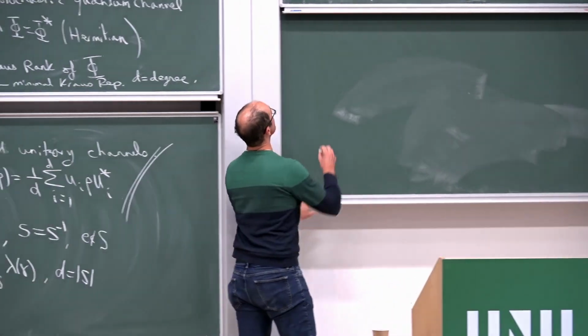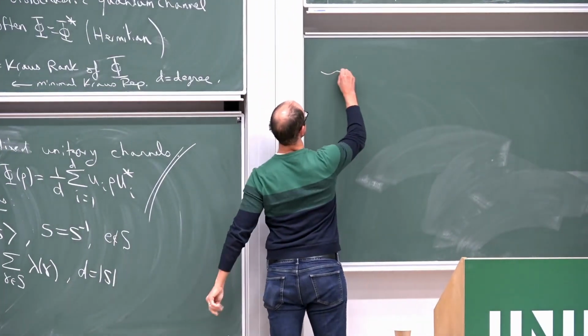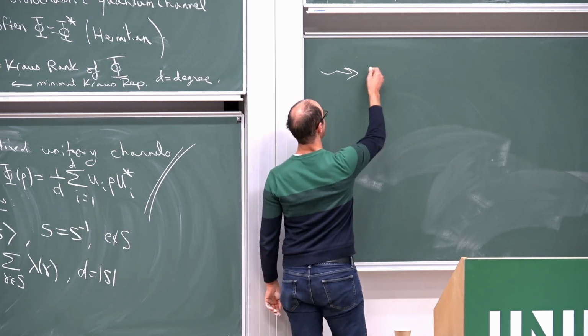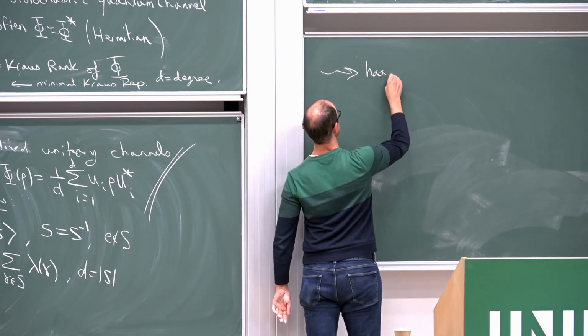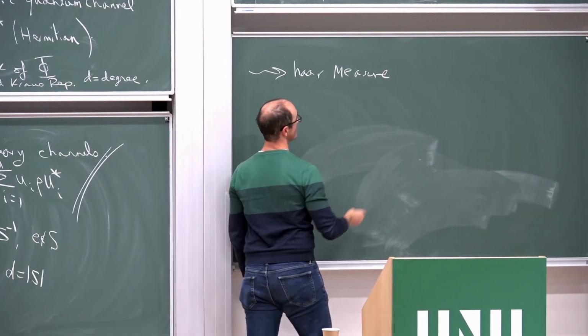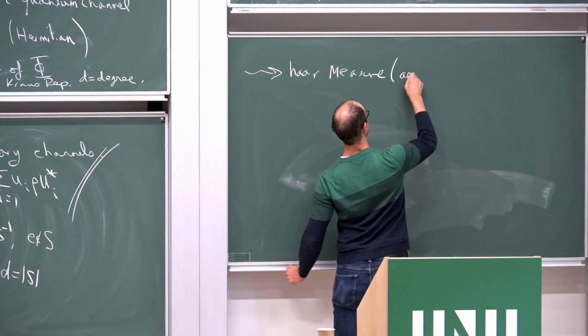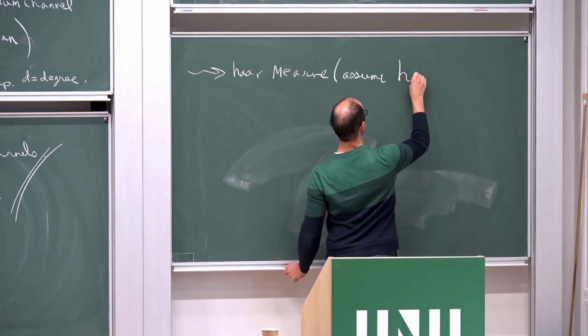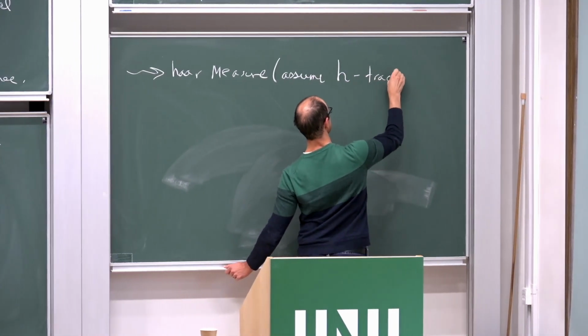And then, of course, together with this, there's some additional stuff. In particular, there's Haar measure. And here I will assume for this talk that H is a tracial Haar measure.